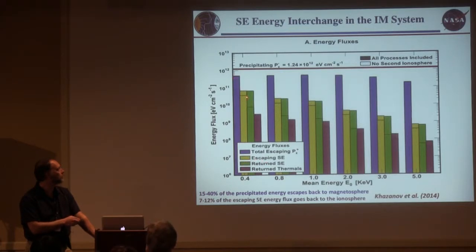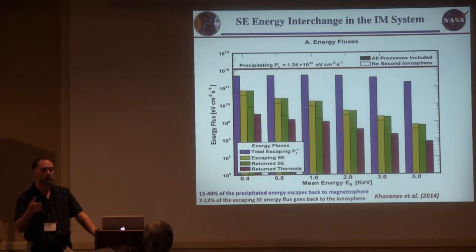You can again do divisions of these columns here, and quite a bit of the precipitating energy escapes back to the magnetosphere in the form of secondaries coming down, and quite a bit of those secondaries actually ricochet off the far ionosphere and come back, at least in these simulations. So quite a few return superthermal electrons.